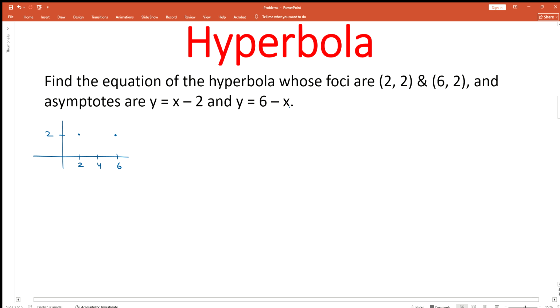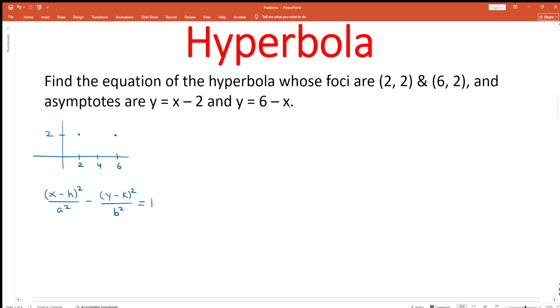The general equation of a hyperbola whose curves or branches are side by side in standard form is (x minus h) squared over a squared minus (y minus k) squared over b squared equals 1.